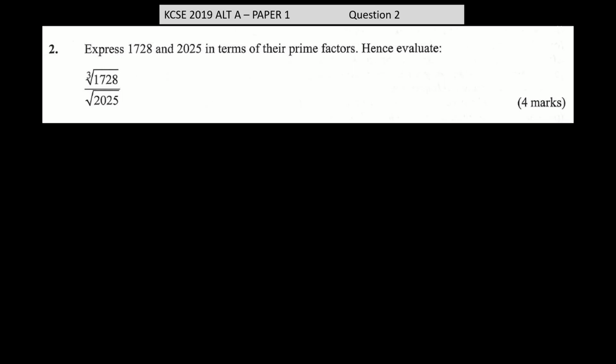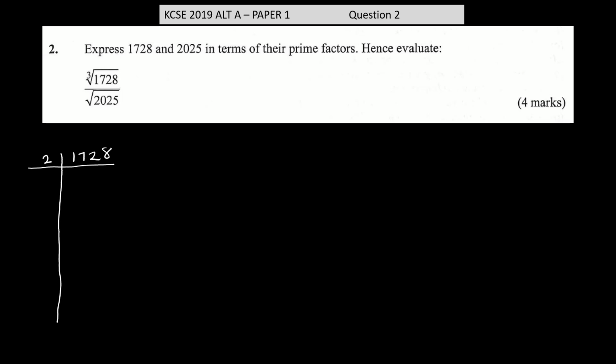The first thing we have to do here is to find the prime factors of the two numbers. The first one is 1,728. To find that, we draw a cross. So here we have 1,728, and the smallest number that will go into 1,728 apart from 1 is 2.